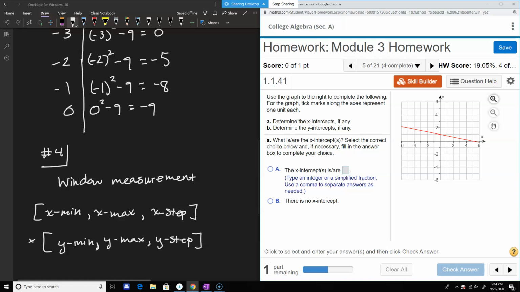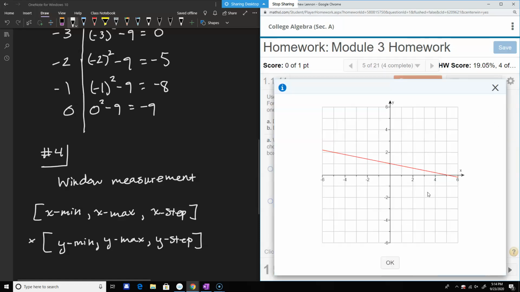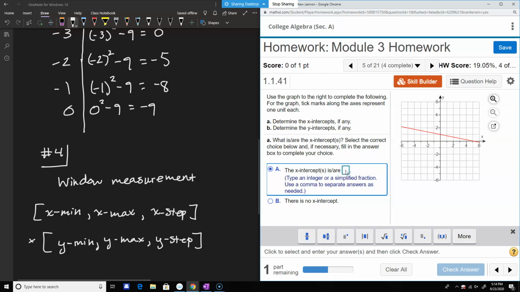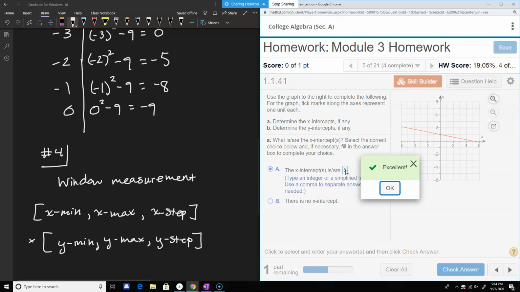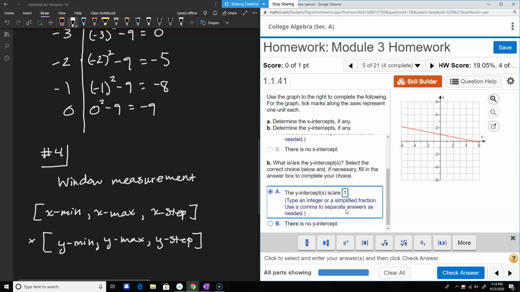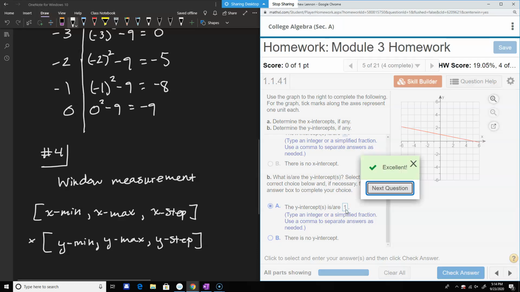It touches the x-axis at 5, and it touches the y-axis at 1. So for part A, our x-intercept is 5, and our y-intercept is going to be 1. And that's it for that.